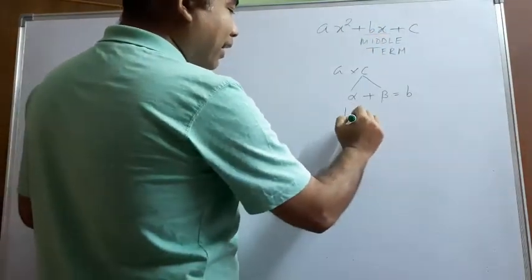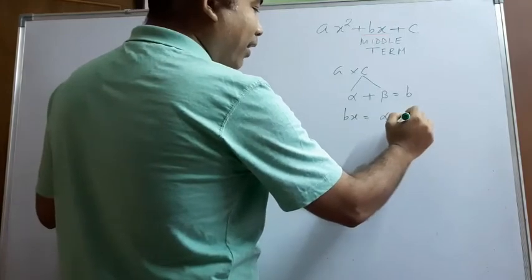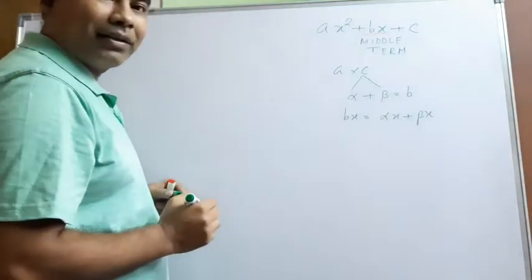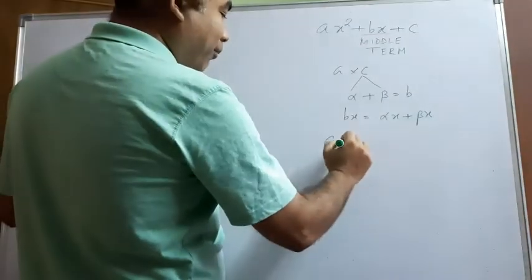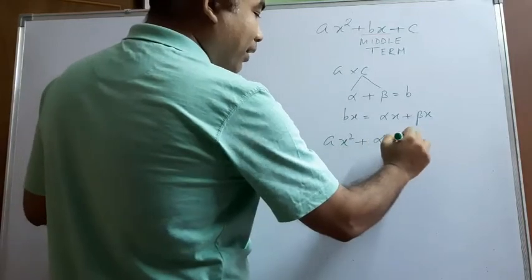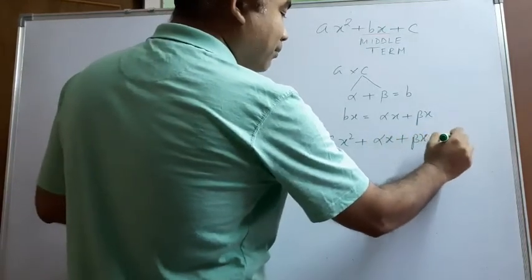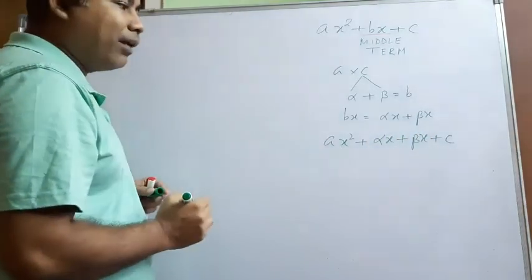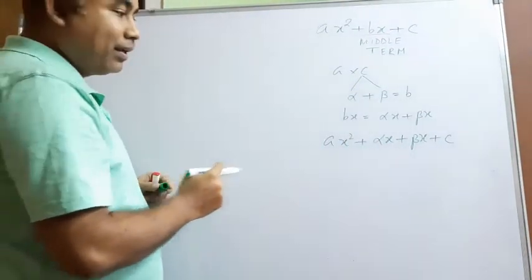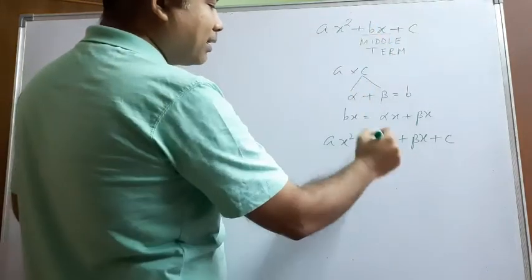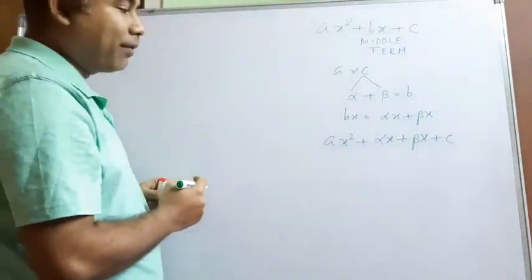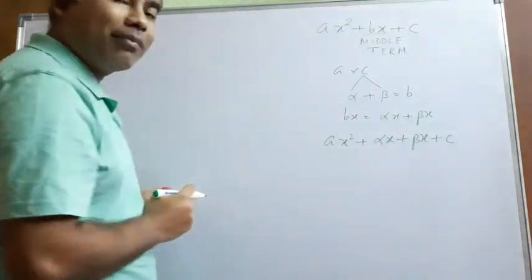Then bx can be written as alpha x plus beta x. So you can write the polynomial as ax square plus alpha x plus beta x plus c, where alpha and beta are two factors of ac whose sum is equal to b. The middle term bx is now divided into two terms, and that's why it is called splitting the middle term.